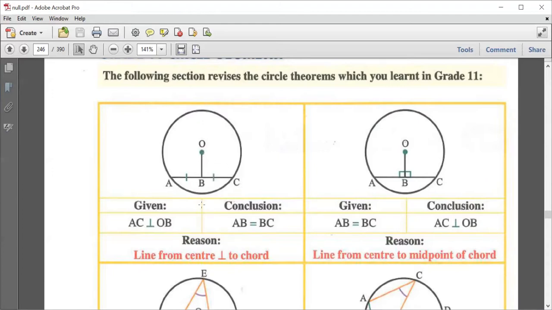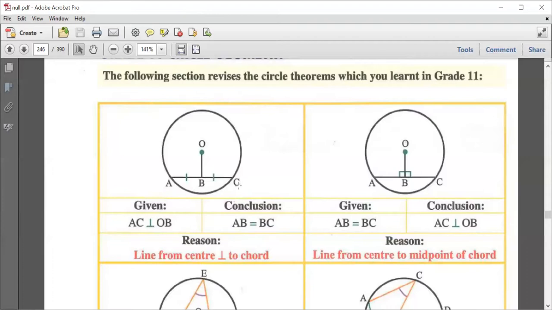It then crosses the chord, and when it crosses the chord, you must have a 90-degree, or the line AC must be perpendicular to the line OB. That must be the information which is given. Then you can say the distance AB is equal to the distance BC.